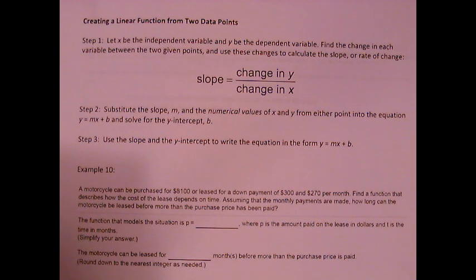And then step number 2 is to substitute the slope, which is your m, and the numerical values of x and y from either point into the equation y equal mx plus b and solve for the y-intercept, which is your b. Then finally, step number 3 is to use the slope and the y-intercept to write the equation in the form y equal mx plus b.